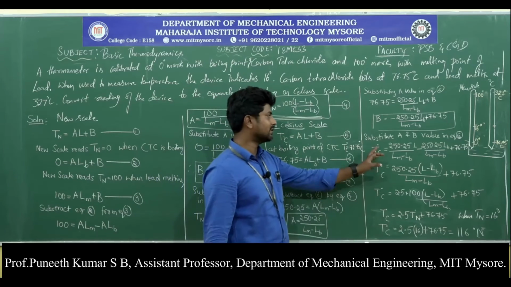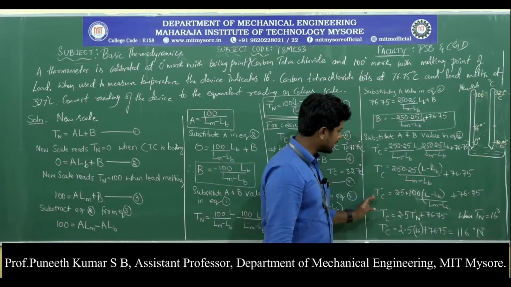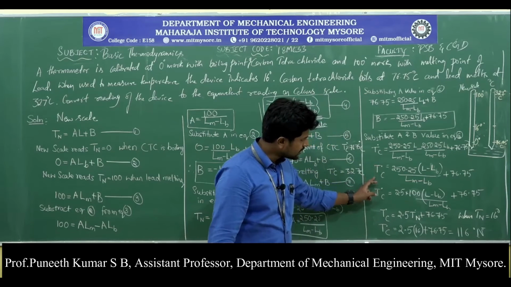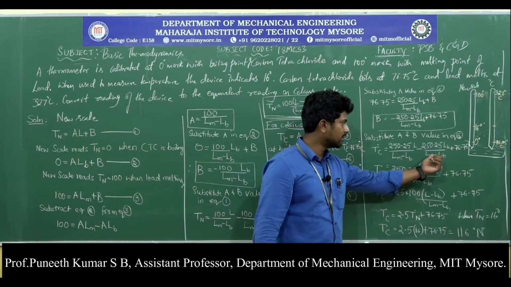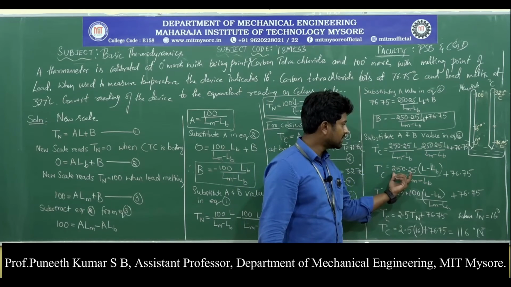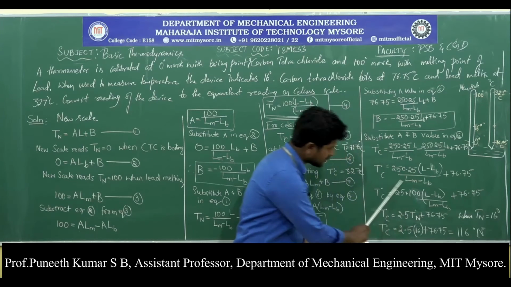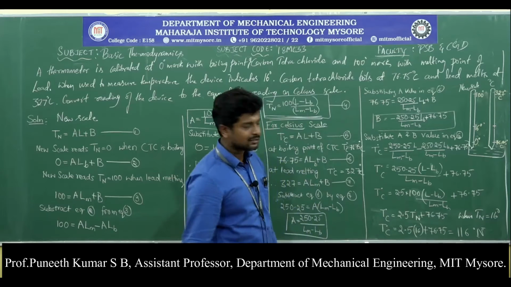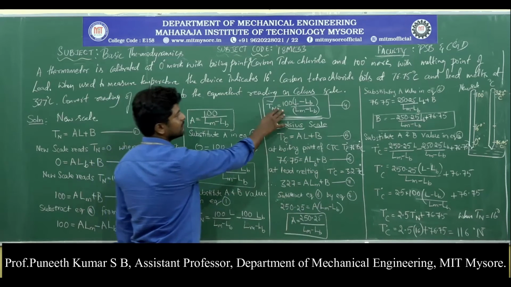Once I substitute this and deduce it, I am taking 250 common from the first two terms. Once the 250 is taken as common, I want this particular part of the equation to look like the deduced equation of the new scale.